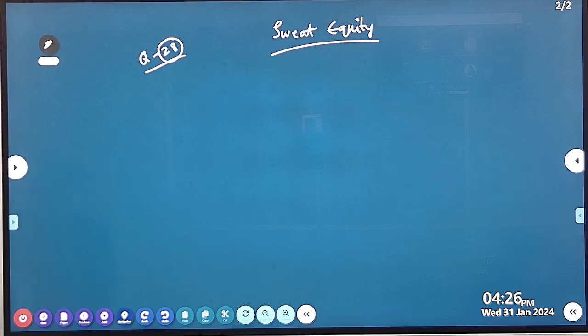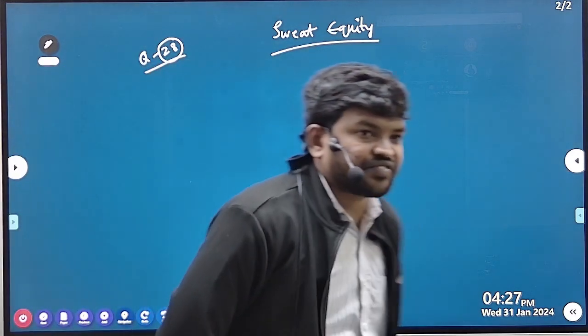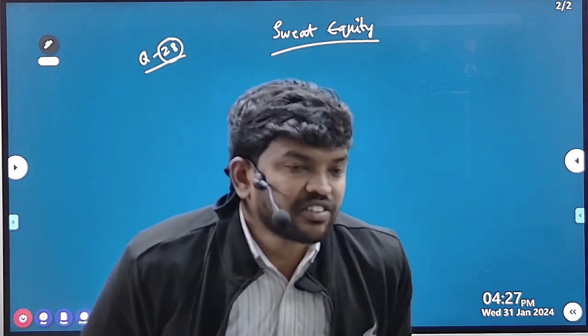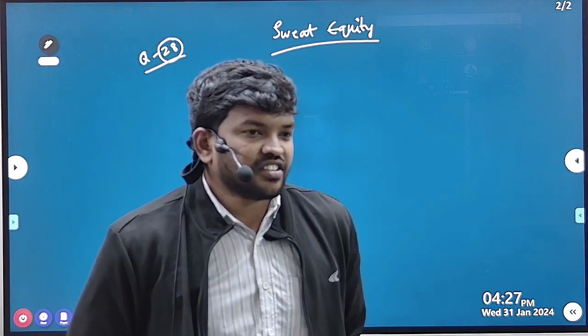Not sweet, sweat. Sweat equity shares. Generally, what are sweat equity shares? We have discussed this in the first class.